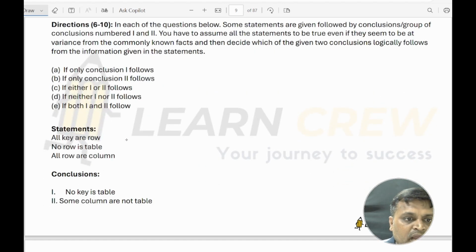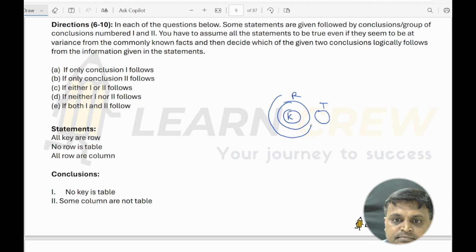Next. All key are row. No row is table. And all row are column. Now all key are row.